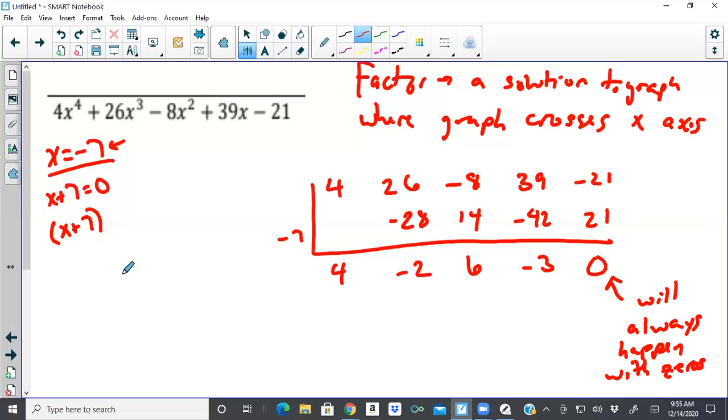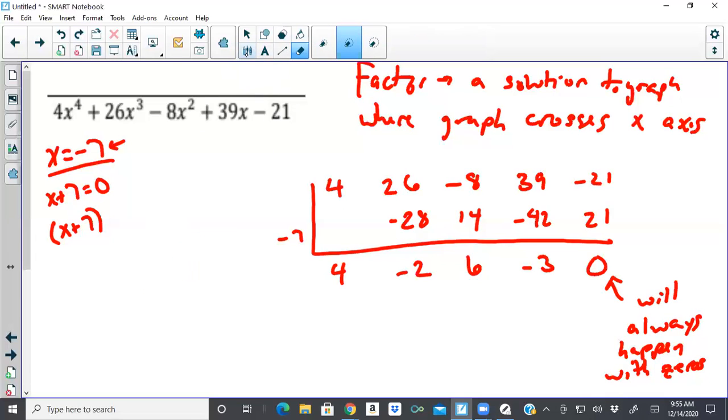Because think about it. If I give you a number like 55 and I said divide 55 by 11, 11 is a factor of 55, which means there will be no remainder. If I take this thing and say divide it by a factor, there will be no remainder because we are dividing it by something that goes into it perfectly. Okay, so that's something to kind of think about.